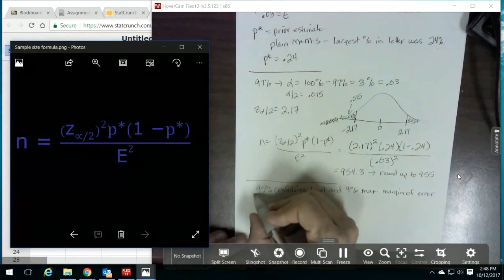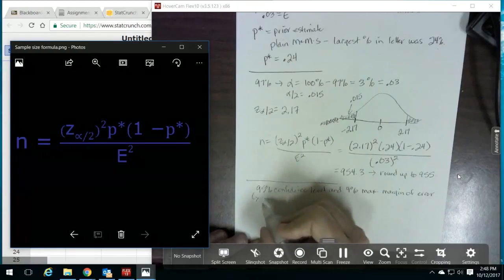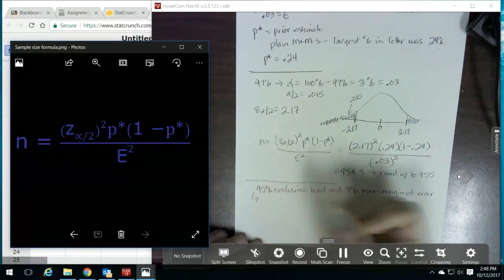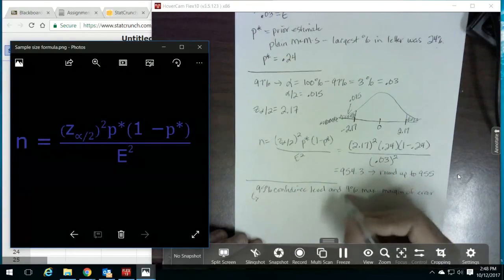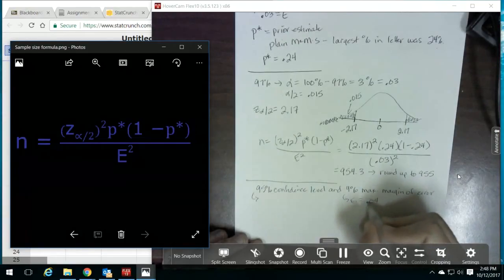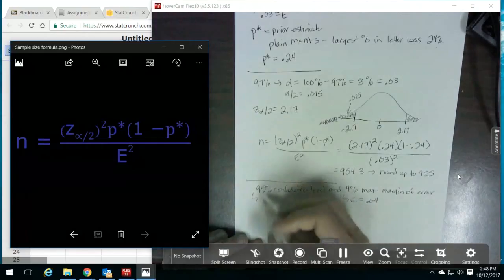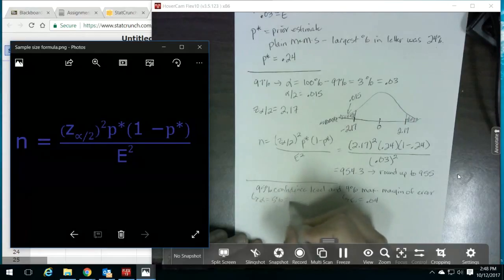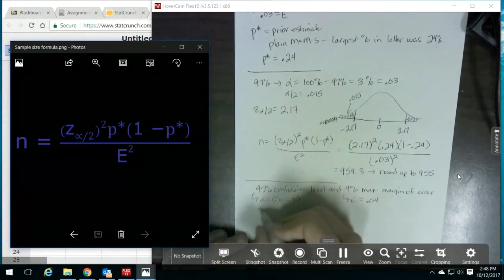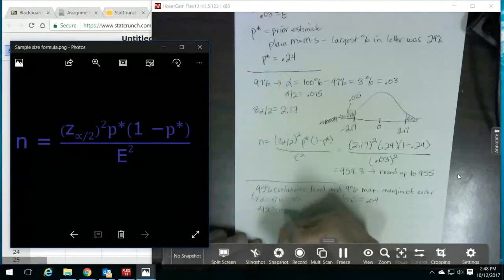I have to go back and find another z alpha over 2. And this means that I'm going to use E equals 0.04 in my formula. So for this one, my alpha is 5% or 0.05. So my alpha over 2 is 0.025.